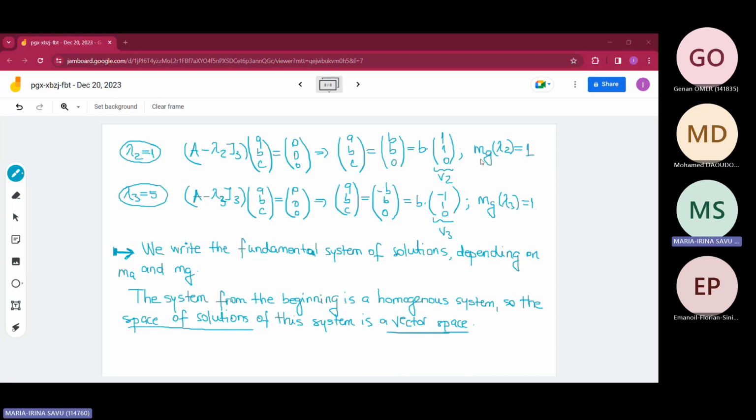Okay, let's go back to high school, 11th grade. If you have a homogeneous system of equations, let's say that 3x plus 2y is 0 and 9x minus 7y is 0. This homogeneous system has only the zero solution, right? Yes.